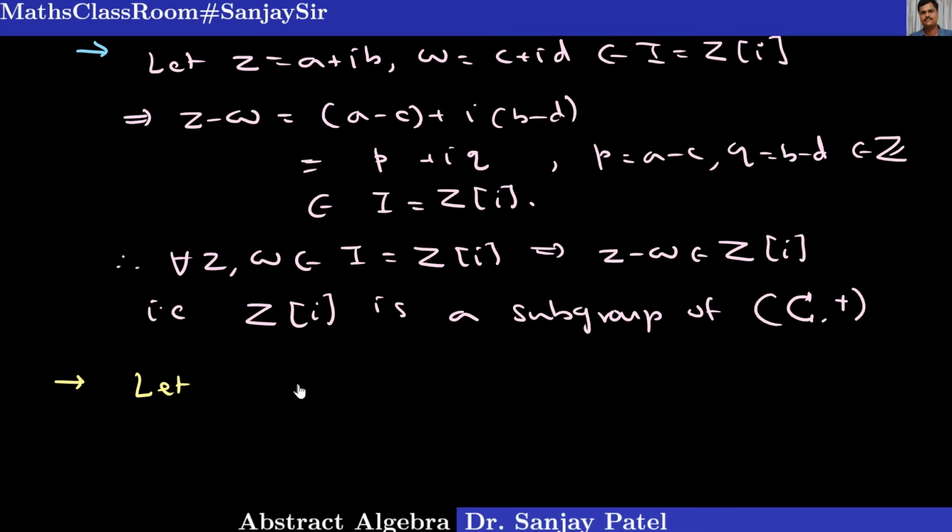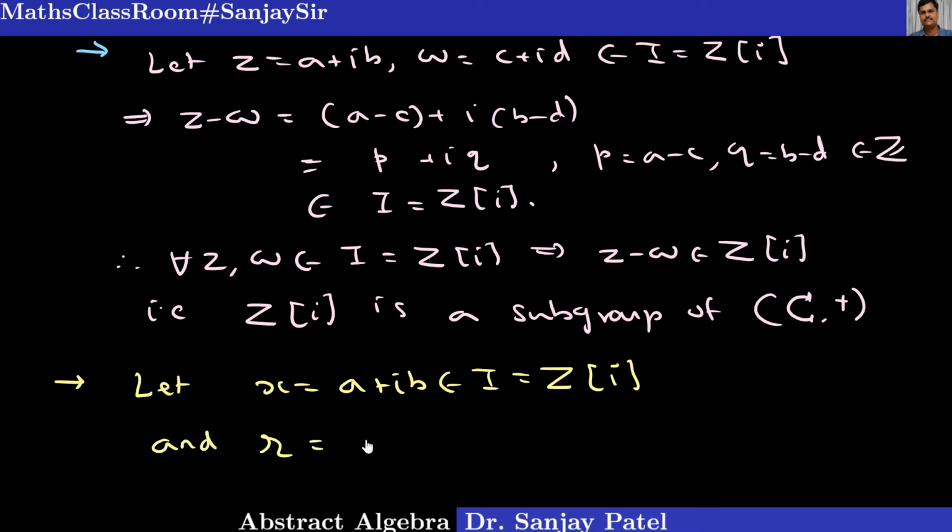Let us take one element, say x equal to a plus ib belonging to capital I, that is this set Z[i], and let me take one element r equal to, say, c plus id belonging to the ring R, where ring R is nothing but the set of complex numbers.